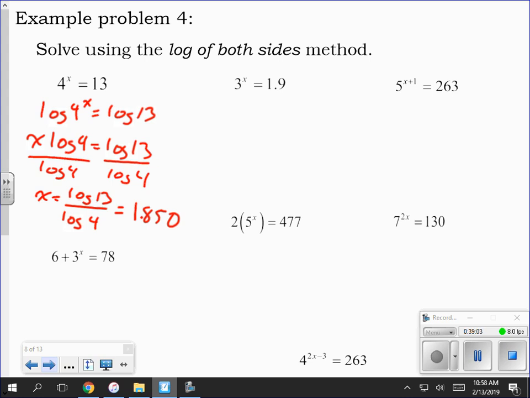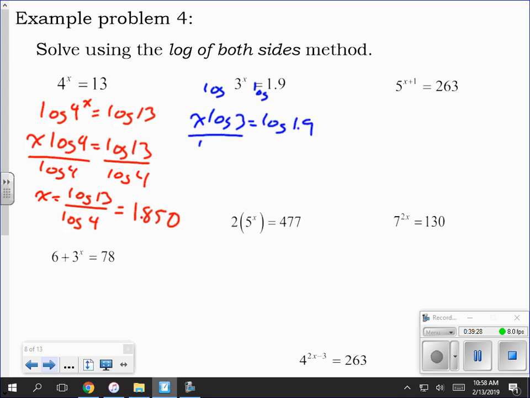Okay. Next one, same idea. First step, take the log of both sides. So the log of 3 to the x equals the log of 1.9. Guys, bring the x down out in front. X log 3 equals the log of 1.9.